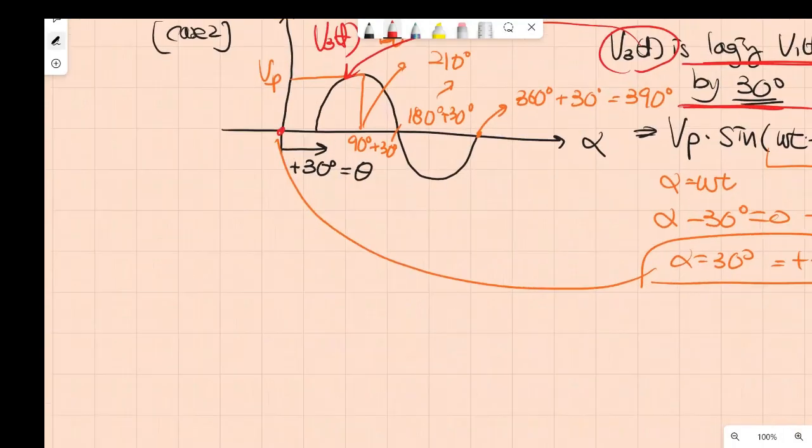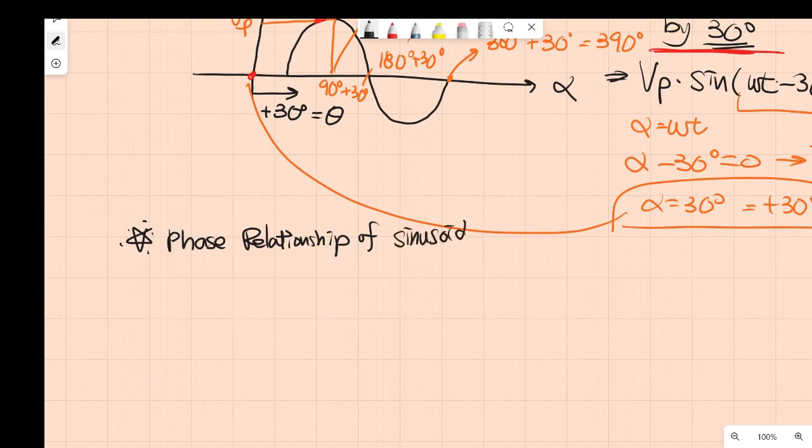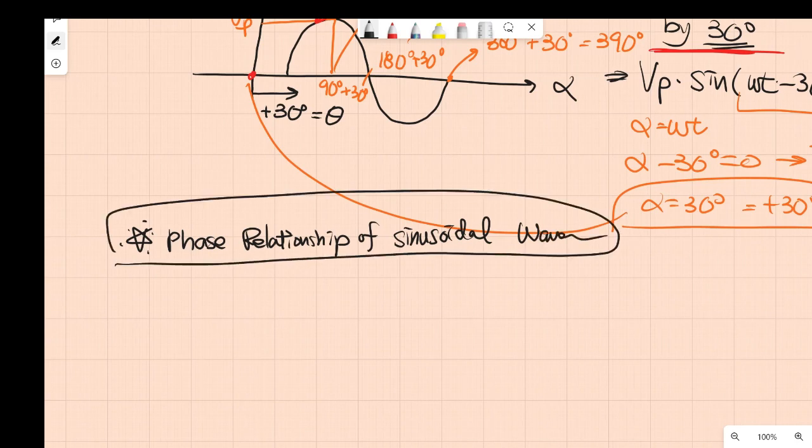So now we will learn the last concept: the phase relationship of sinusoidal waveforms.